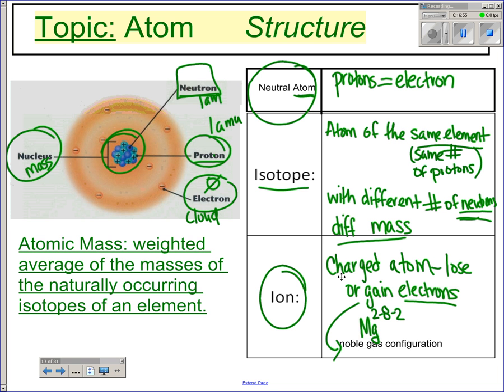But if magnesium becomes an ion, it has a 2+ charge because it's in group 2, which means its configuration just changes to be 2,8. So since it's just 2,8, that happens to be the same as neon because of that full outer shell. So ions are charged atoms that have noble configurations, and they lose or gain electrons to become that charge. A positive ion loses electrons. A negative ion gains electrons.